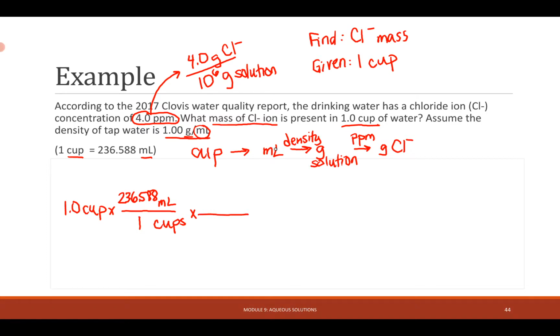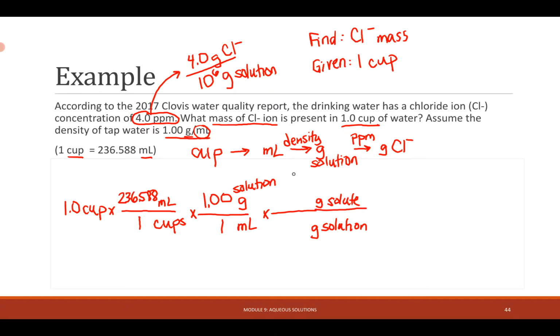Next up, I want to go from milliliters to grams of solution. So I'm going to cancel out my milliliters, and then I'm going to go into grams. This is where I use my density, and so the 1.00 is attached to the grams. Then that's my grams of solution, so I have to have my grams of solution down here, and I want to get my grams of solute.